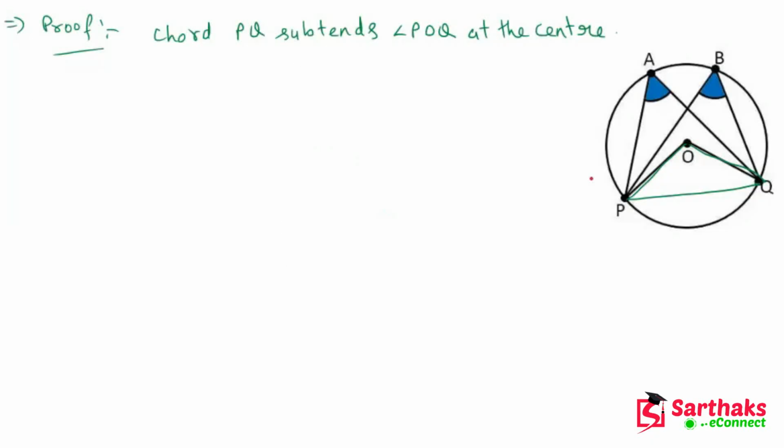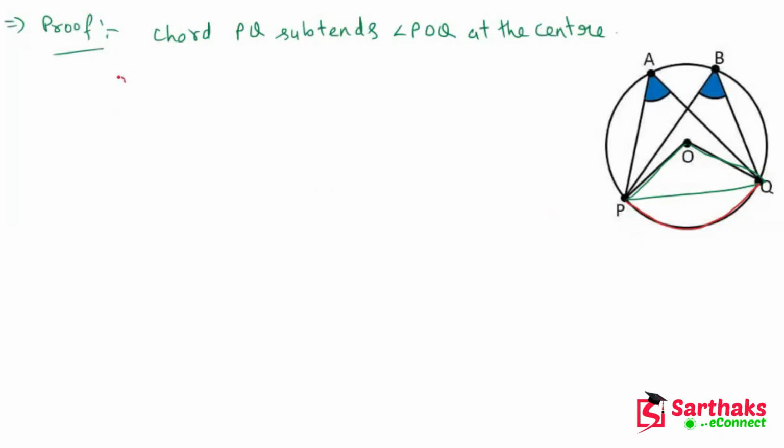From theorem 10.8 we can say that the angle subtended by an arc, let's suppose this is arc PQ, at the center is double the angle subtended at any other point on the circle.